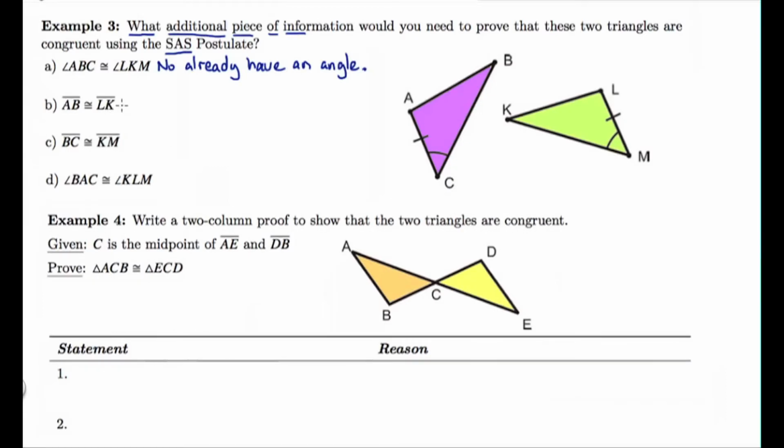So part B, side AB is congruent to LK. That doesn't work. That would give us an angle, a side, and another side. For part C, side BC is congruent to side KM. Yes, this works because it gives us the two corresponding sides and the given included angle. So C is our answer.